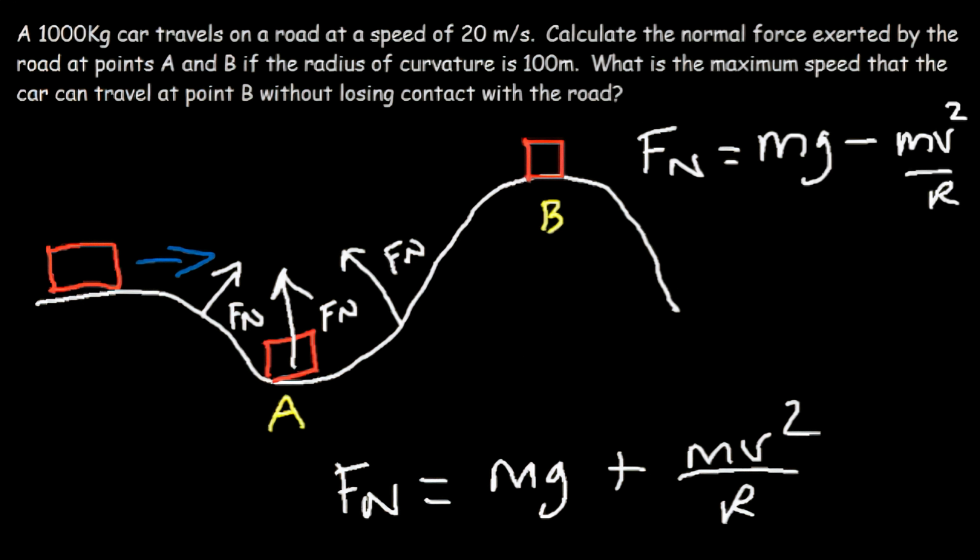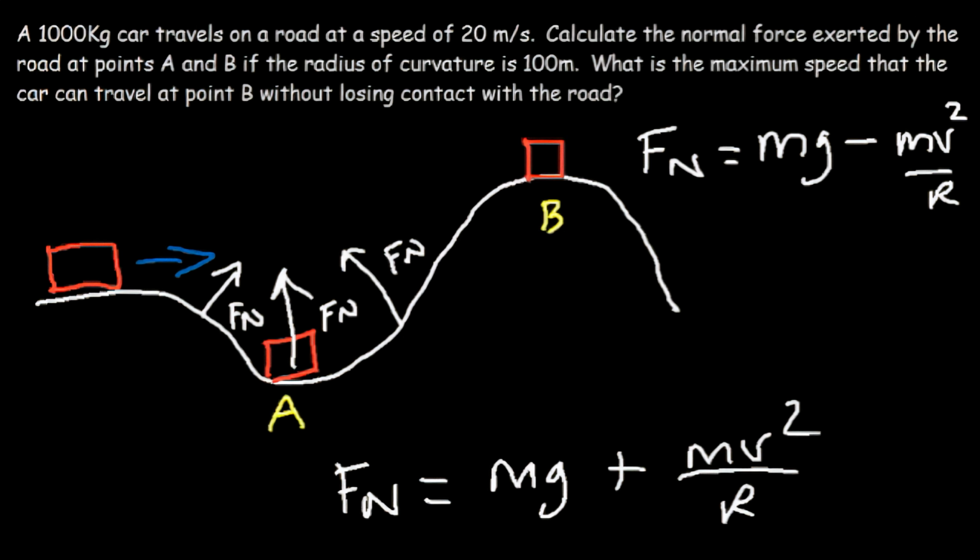If it's not moving at all, then the normal force supports the weight force. It's going to be equal to the weight force. But if it is moving, gravity is going to assist it in falling down. So at the top, the normal force is the difference between the weight force and the centripetal force. Those are the two equations that you need to know for this situation.